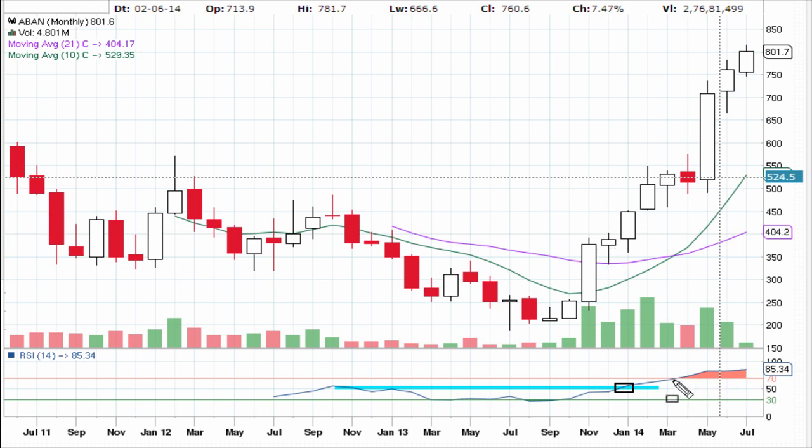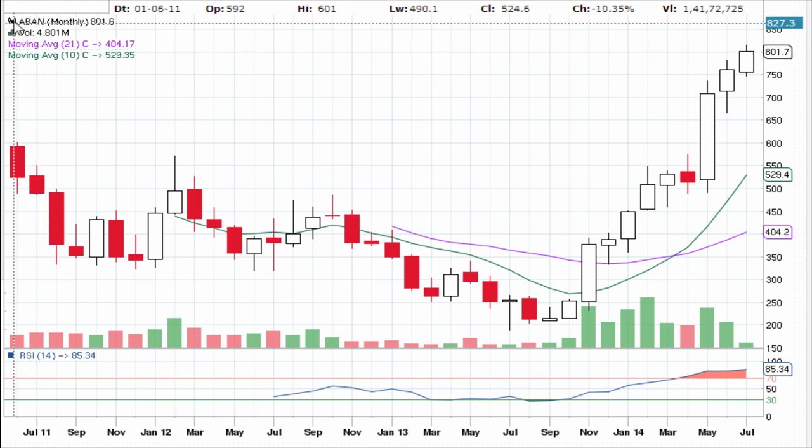And also, if you're going to get a very strong thrust, you need to see a movement of the stock above 69.10 on the monthly RSI. So remember, all of these are going to be monthly charts because we are looking for a 3-year breakout on the monthly RSI. So let's take a look at the first stock here.